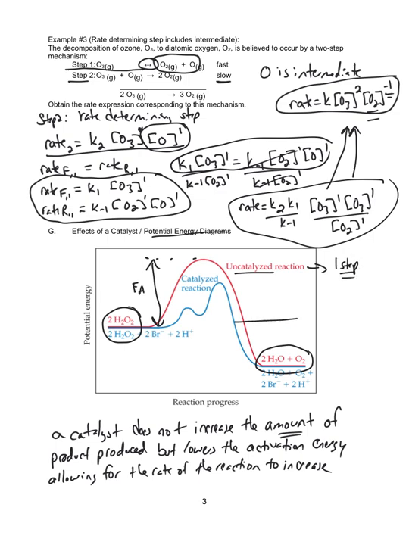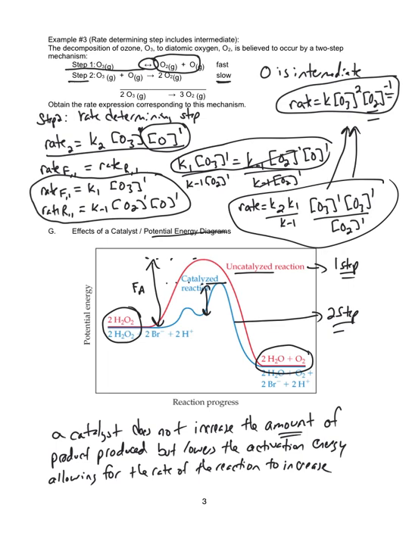In the catalyzed reaction, it is a two-step mechanism. And the second step is the slow step, but the overall activation energy is still lower than the activation energy of the one-step mechanism. So what a catalyst does is between the reactants and products, it lowers the activation energy, and therefore, because it lowers the activation energy, it causes the reaction to be faster.